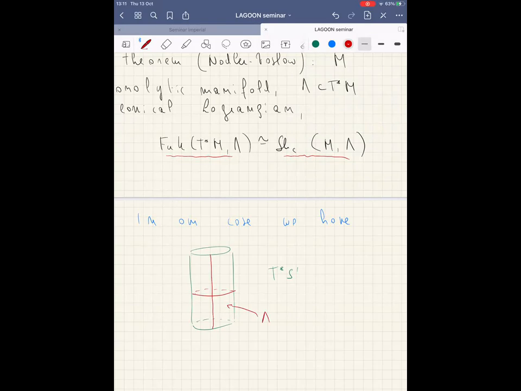Lambda in this case is just the conormal to the circle, which gives the circle, and the stratum, and the conormal to a point is the cotangent fiber. So it's the union of S1 and the cotangent fiber. And let me make a comment here. This is a general theorem: constructible sheaves on S1 with singular support in lambda is the same as constructible sheaves on S1 stratified by the point. It's just a different way to say the same thing.